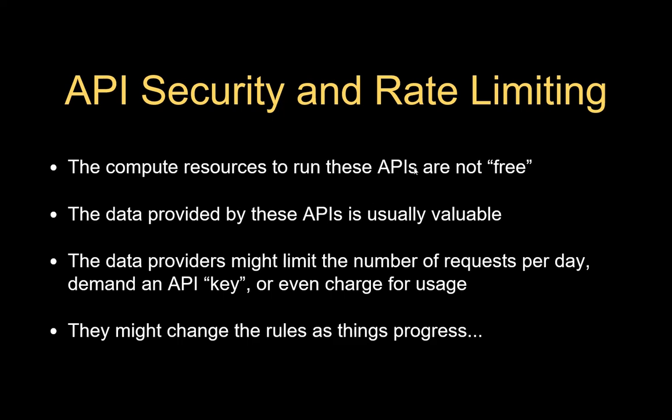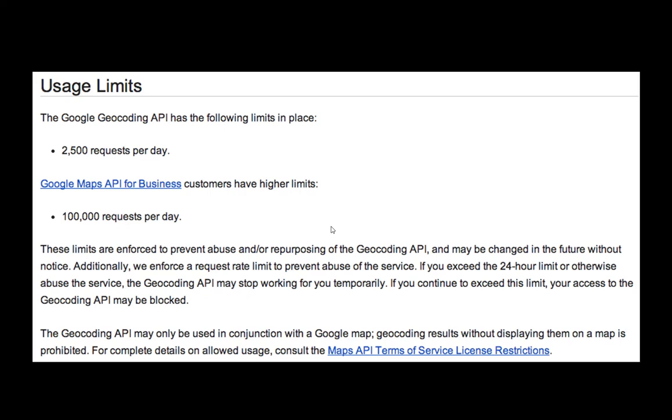And some of them have an API key which we need to authenticate ourselves to those services. In this case, I don't know if this information is still the same, but the geocoding API for Google was rate limited to 2,500 requests per day, and the Google Maps API for business was limited to 100,000 requests per day.